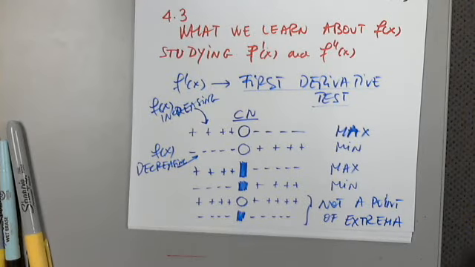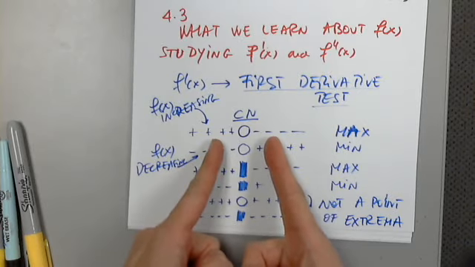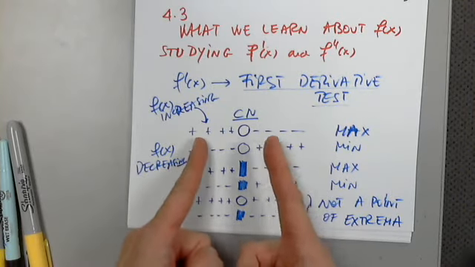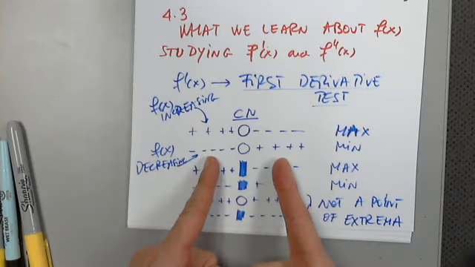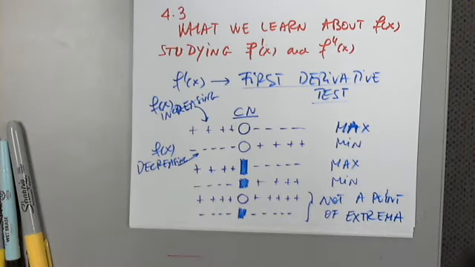So that's how some critical numbers become max-min and others do not. It's not sufficient to say that the derivative is 0 or undefined. I have to show that there is a sign change, either from positive to negative or from negative to positive. And then the function has a max-min. If it does not change sign, the function does not have a max-min. Okay?